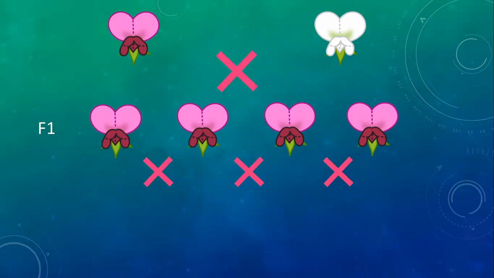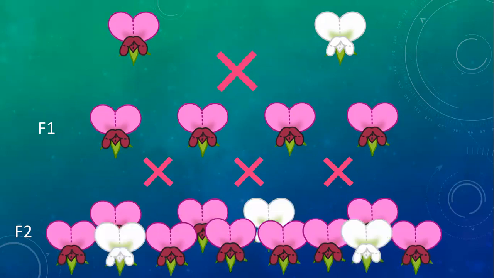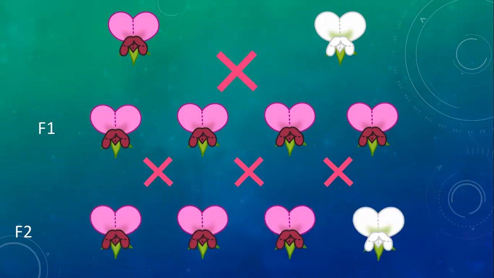Again, most of the plants had red flowers, but every so often there was a white flowered plant. And when he calculated the frequency of the red flowers versus the white flowers in this generation, he saw that there were approximately 3 red ones for every white one. So a ratio of 3:1.